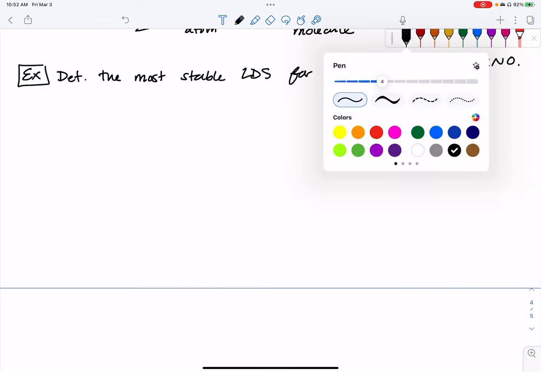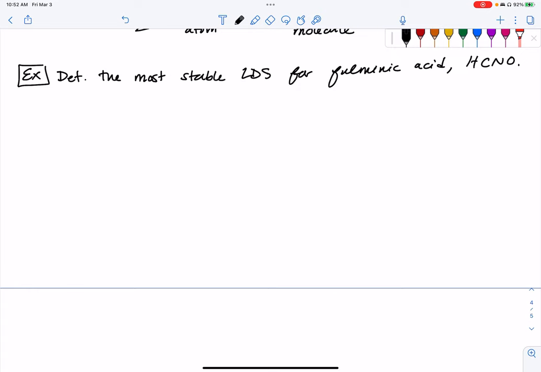All right. So let's do an example. And as always, we are now calculating our number of valence electrons. We need to figure out our budget.